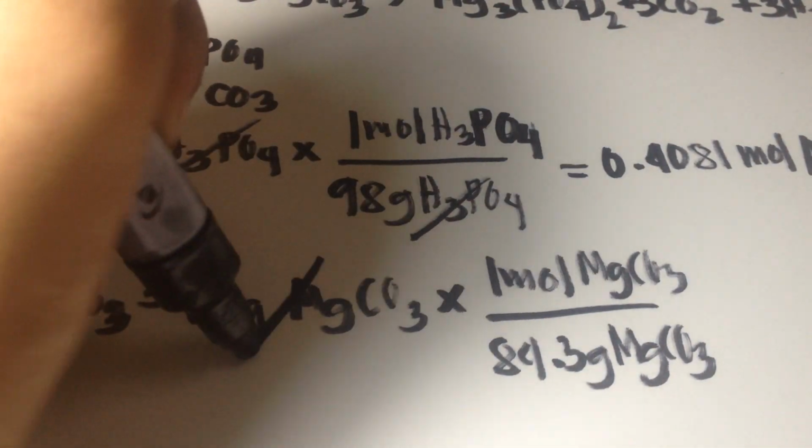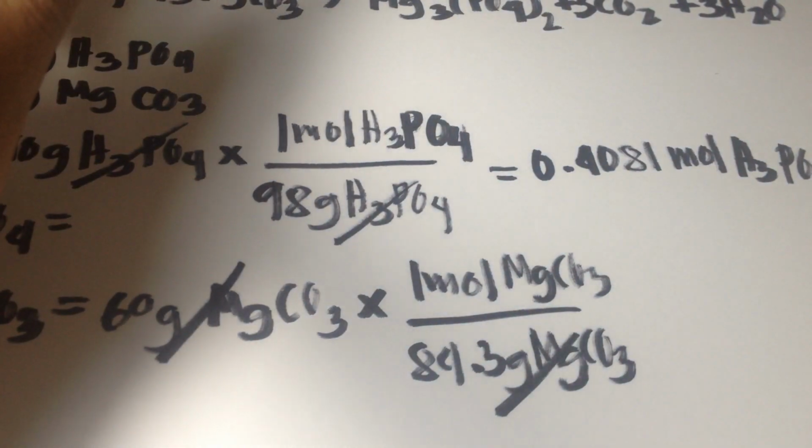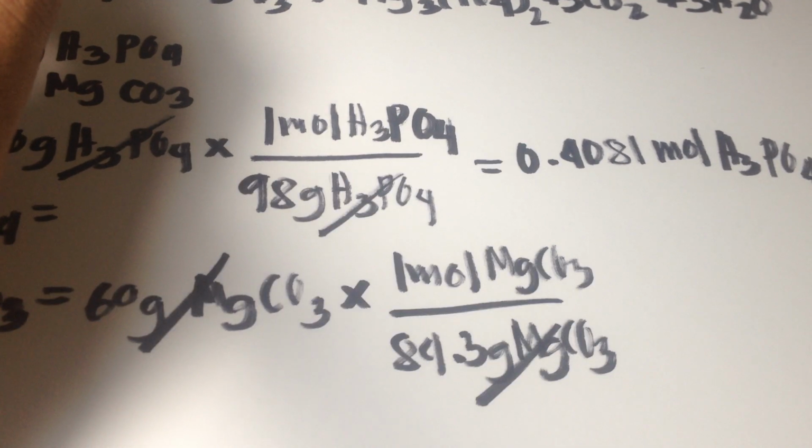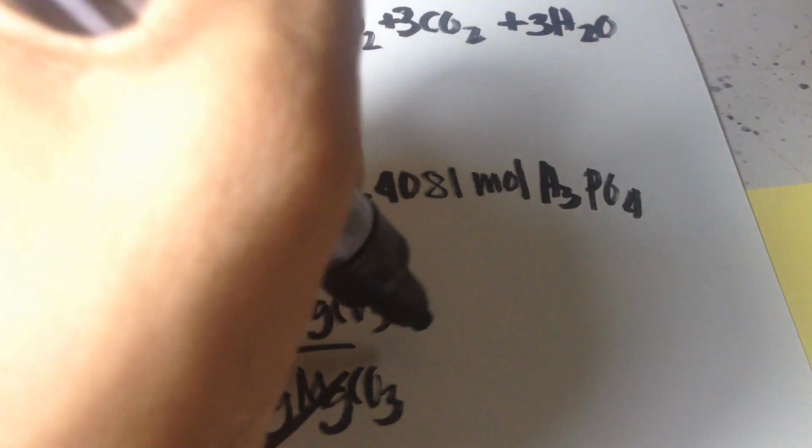So the grams cancel out, and 60 divided by 84.3 equals 0.7117 moles of magnesium carbonate.